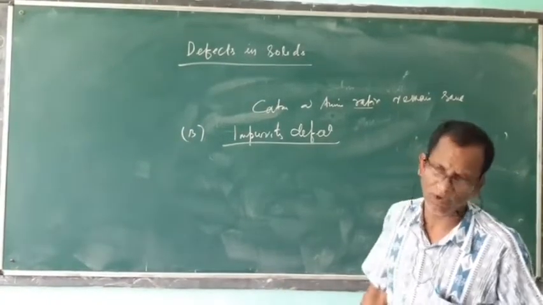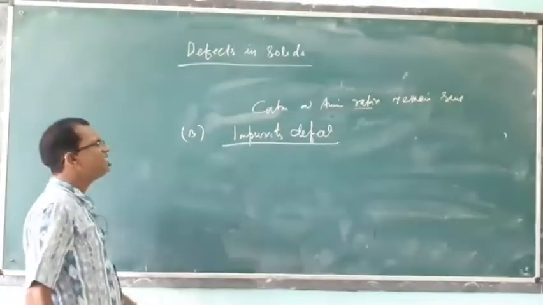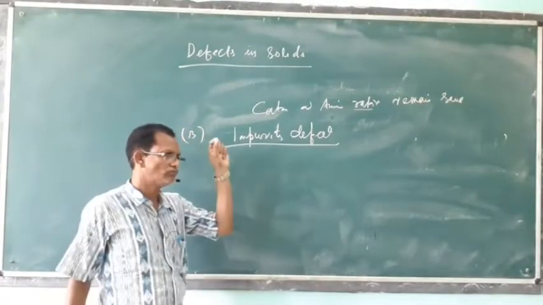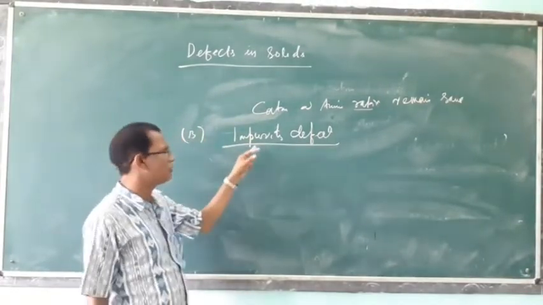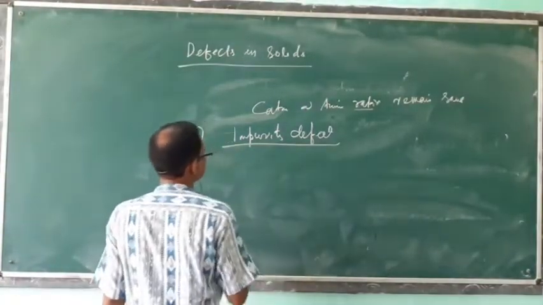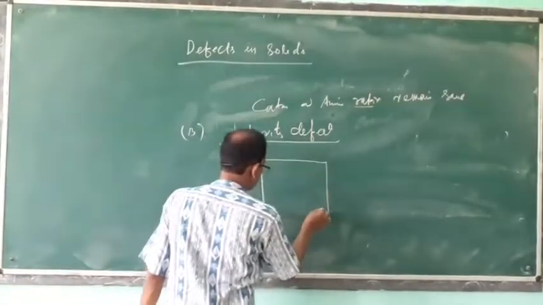But what are the characteristics of impurity defect? It is generally observed in case of ionic solids. For example, take a crystal of sodium chloride.